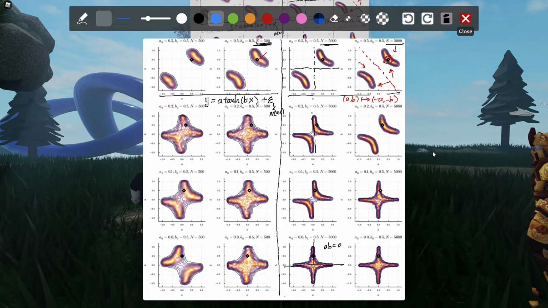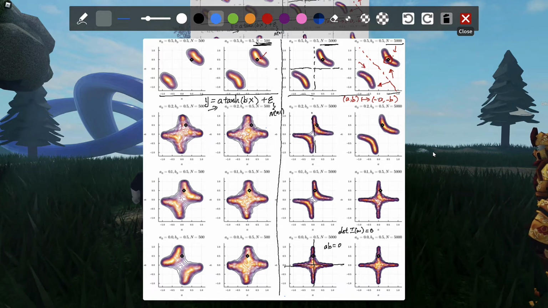And what's special about the axes is that in this model, if you calculate the Fisher information matrix, ab equals 0 is precisely the set where the determinant of the Fisher information matrix becomes 0, or where the Fisher information matrix fails to be positive definite. Those two are equivalent statements. Here's an expositional question for people, which is that we don't really have a name for this set.